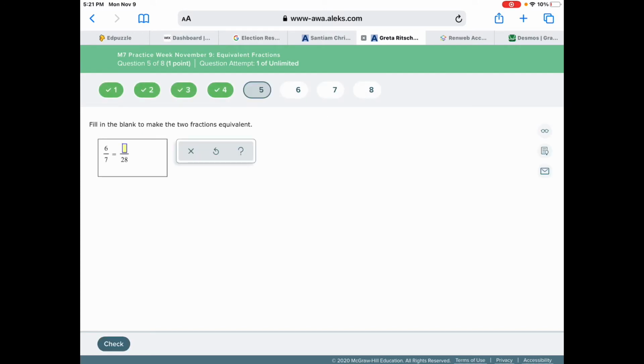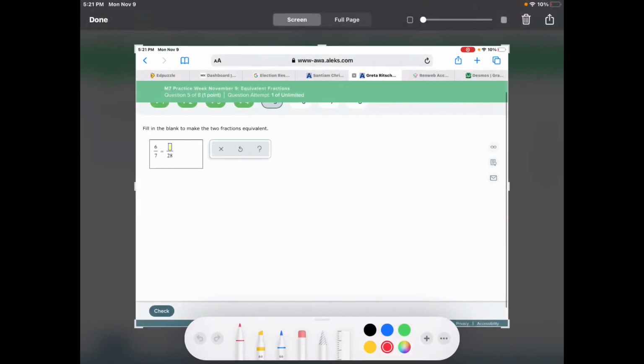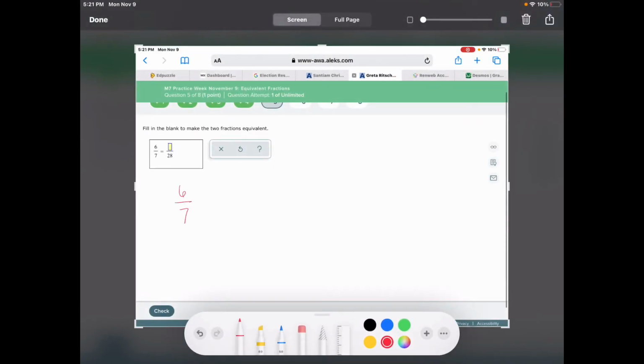In this one, let's talk about it. I have 6 over 7, and I'm going to be cutting up my pizza. So my pizza's cut into 7 slices, and one of them is missing. I have 6 of them left, and I'm going to cut the same pizza into 28 pieces. Each of these 7 pieces gets cut into 4 more pieces until I have 28 total.